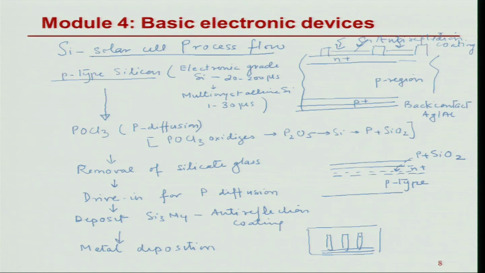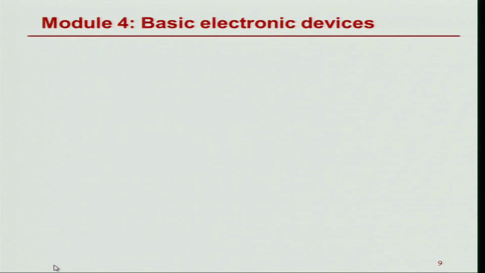Then after this point, I need to still make the back contact. So I go back to a process where I make the back contact. So, I have done N plus emitter P, I have made metal contacts to N plus either by photolithography, and I have deposited an anti-reflection coating.